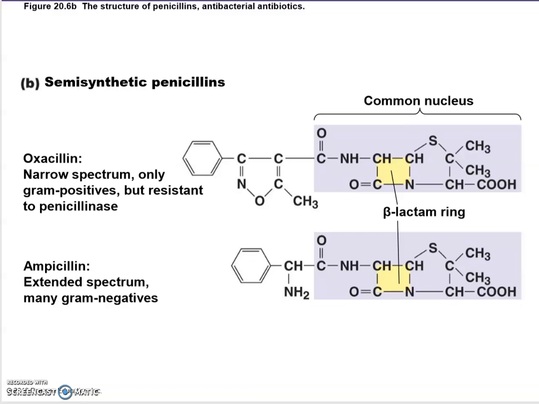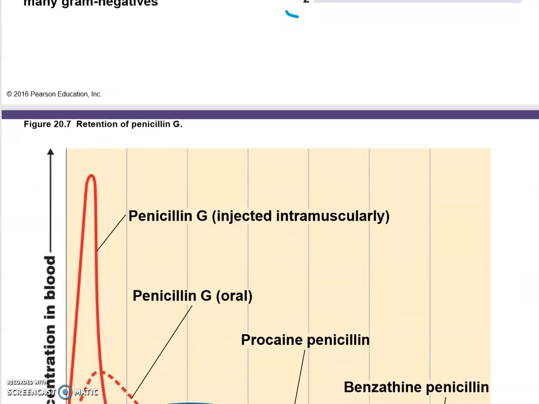You just see that some modifications to the overall molecule were done, and that increases its use a lot of times. It also makes it more resistant to penicillinase, for example. But all of these penicillins, of course, are still working best against gram-positive bacteria. And here is ampicillin with an extended spectrum, slight modifications right around here. But the common nucleus is staying the same.